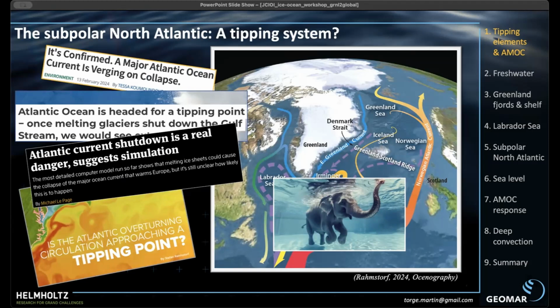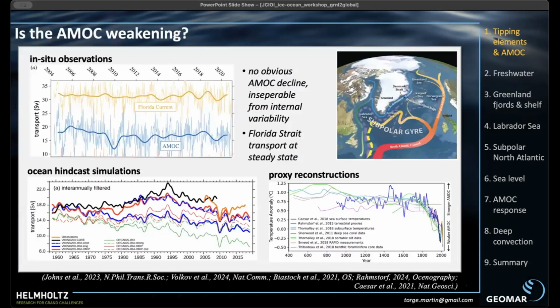And maybe the next slide is just a disclaimer about what I will not dive into: the story of whether the Atlantic Meridional overturning circulation, the AMOC, is actually weakening. I will only quickly summarize, before I come back to the ice-ocean regime, that in situ observations of the AMOC made at different places, most prominently at 26.5 degrees north at RAPID, show no obvious trend over the past 20 years or so.